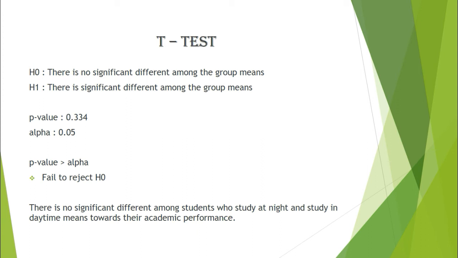The p-value that we get from SPSS is 0.334. The alpha is 0.05. Because the p-value is more than alpha, we fail to reject H0. We can conclude that there is no significant difference in means between students who study at night and in daytime towards their academic performance.